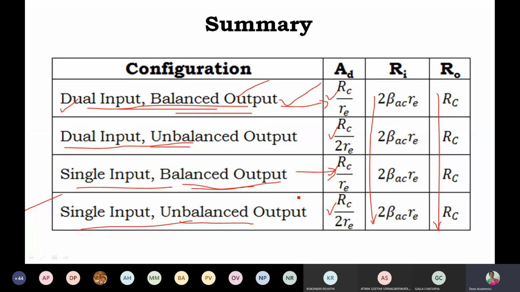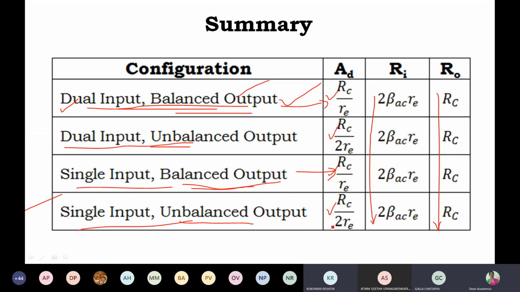And similarly, if you are asked to calculate the gain, they will give like this: the gain of the unbalanced output differential amplifier is A, half of the balanced differential amplifier, B, double that of the balanced differential amplifier, or none of these. Then what you have to write? Half or double?